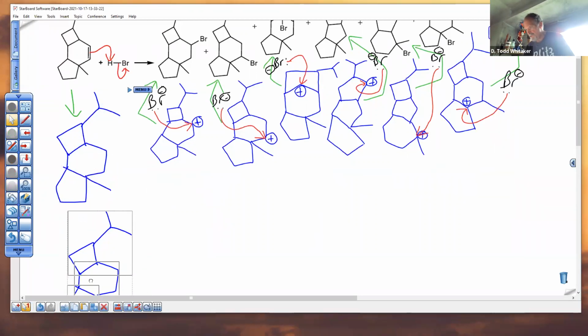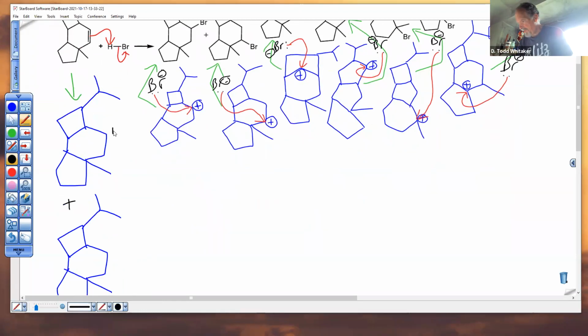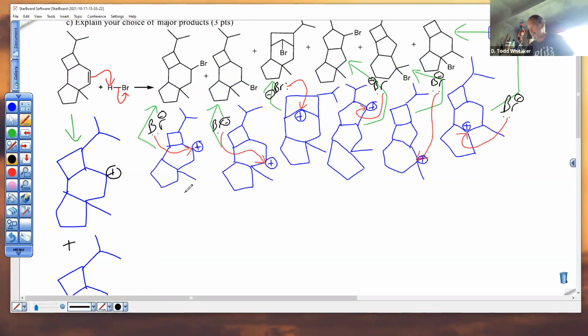And the 2 positions for the cation are top carbon, bottom carbon. This will give product 1 and product 2. I already drew this cation and this cation. So, you know, I wasted a little time here.